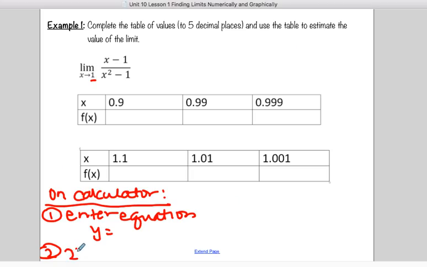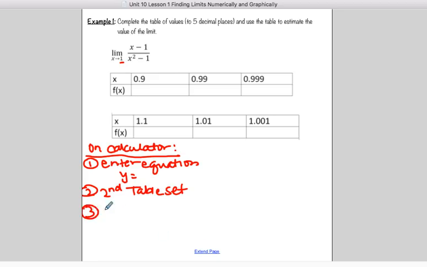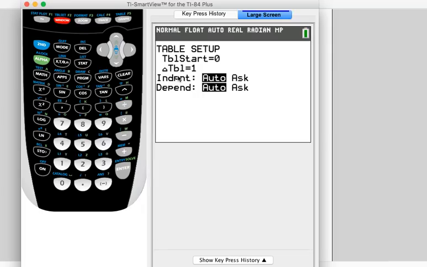And under table set, we're going to change this independent to ask because we want to pick what numbers we want to put in. We want the calculator to ask us what we want, and so we're going to change it to ask. So we're going to arrow down and over to ask and hit enter.